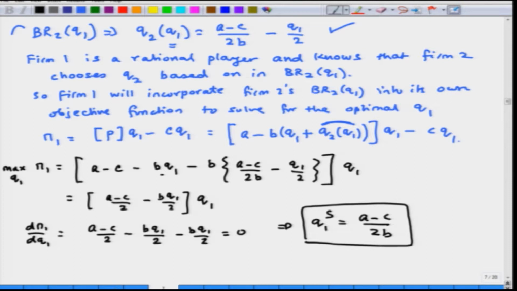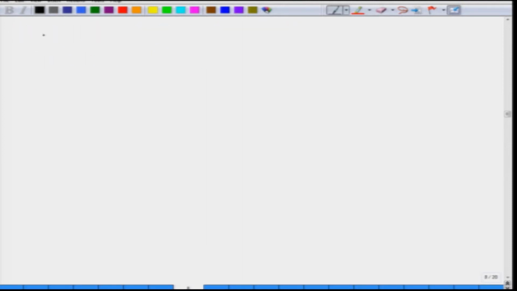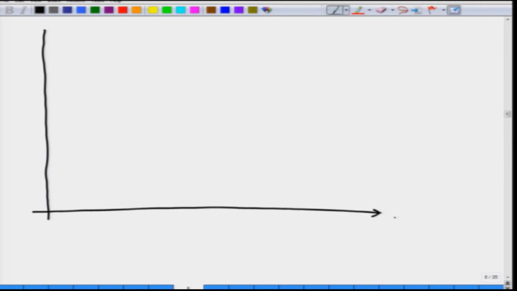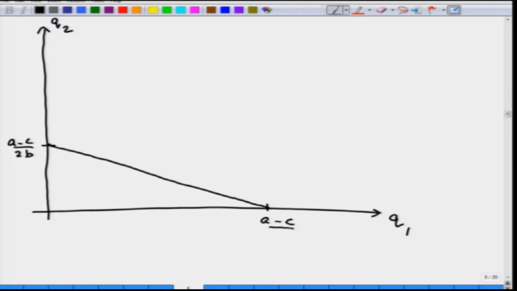So, on the graph, let us graph this once more. So, if I have Q1 and if I have Q2, we have firm 2's best response function, which is A minus C divided by 2B. So, this is firm 2's best response function. And for completeness, we will just draw the Cournot outcome.